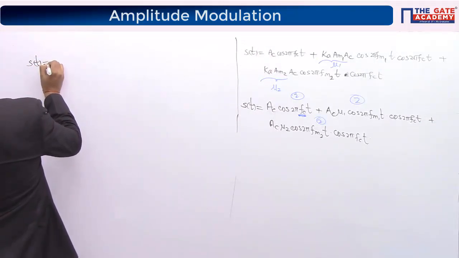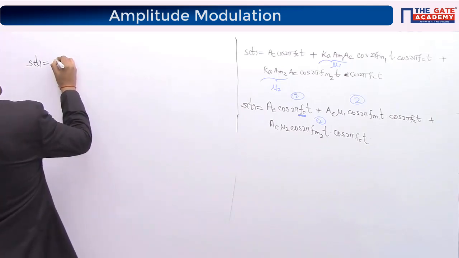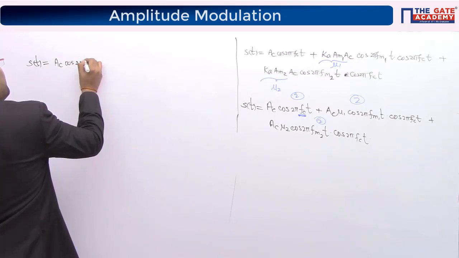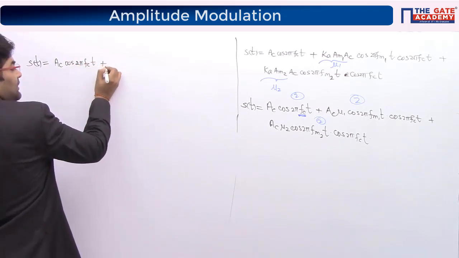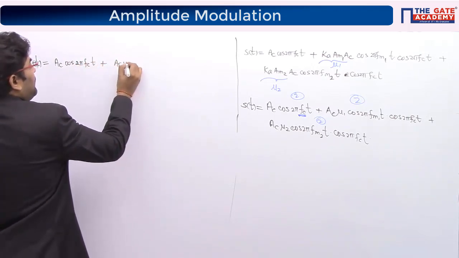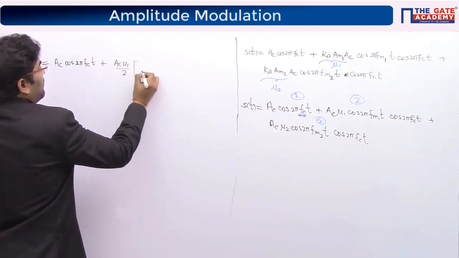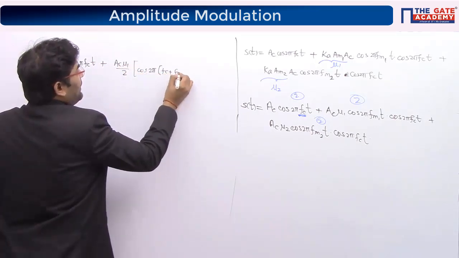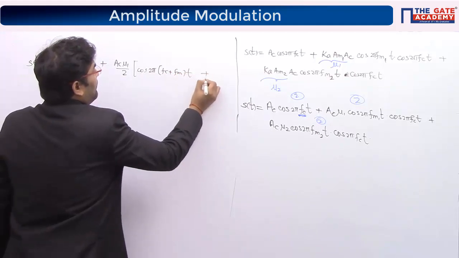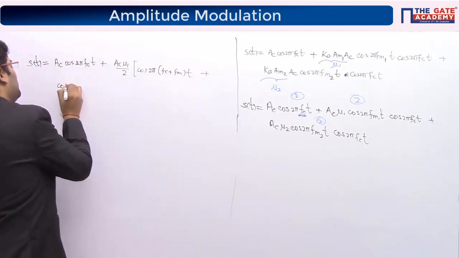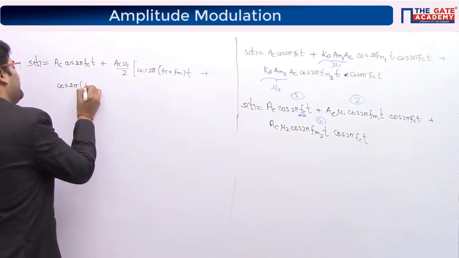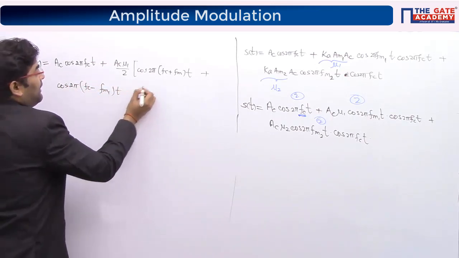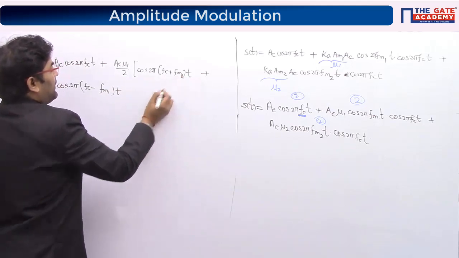Here on the top, it would be the same: AC cos 2 pi fct plus AC mu1 by 2 into cos 2 pi Fc plus Fm1t plus cos 2 pi Fc minus Fm1t.